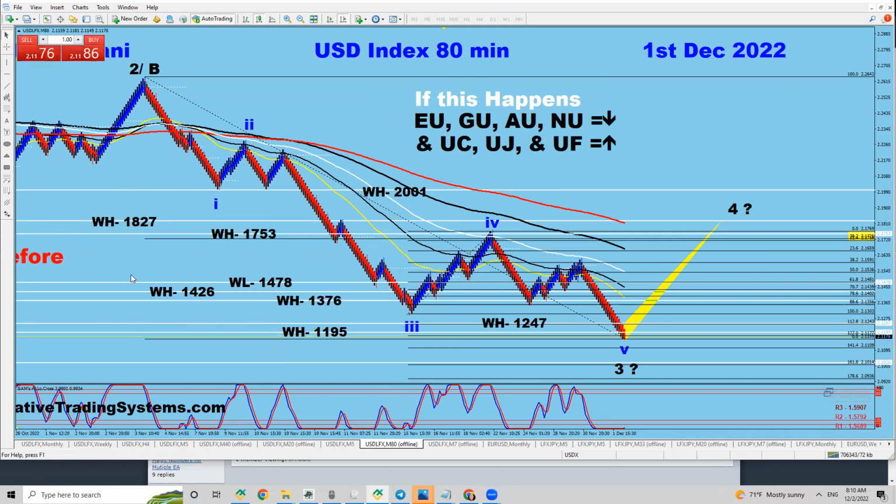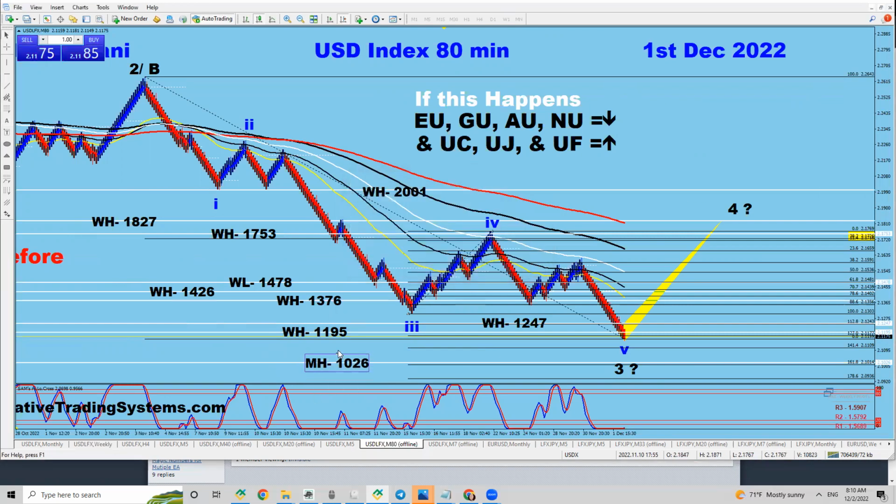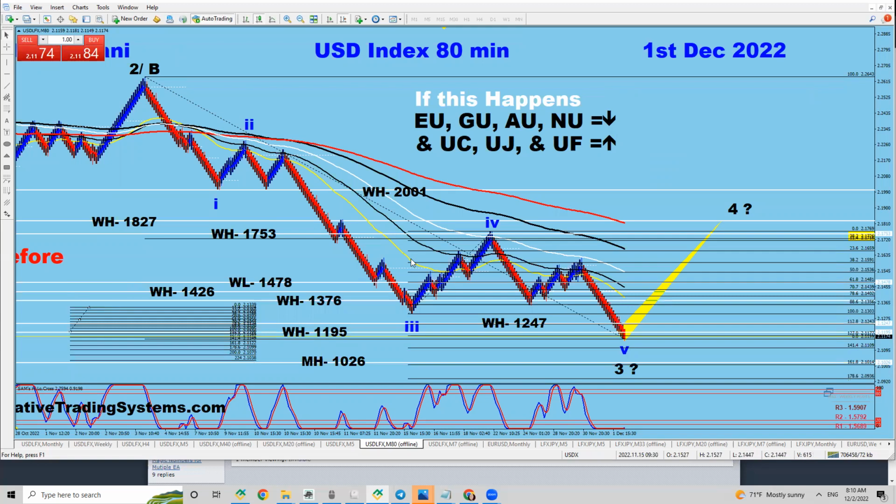And let me just mark that. Where is it, okay, I don't have it written here. So this is the monthly high of 1046, and which is here. Okay, so now this is 1026, and I'm going to take a couple of these levels out of here because I don't like this cluster.